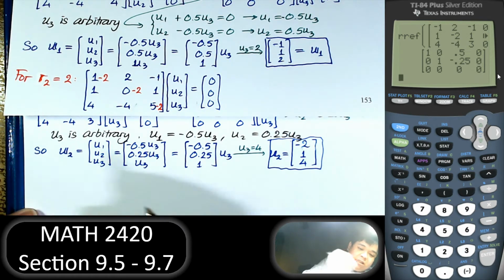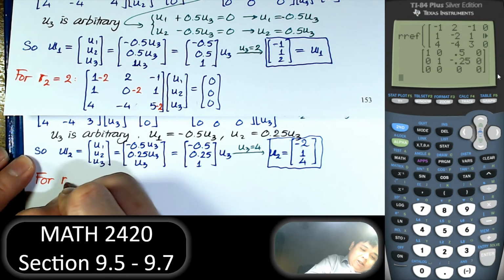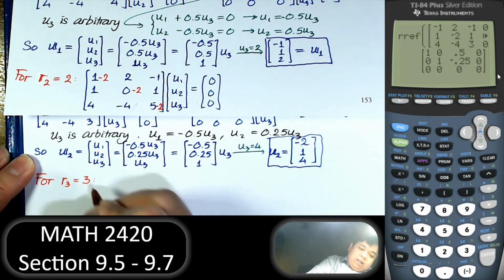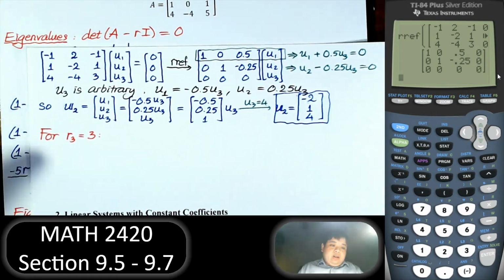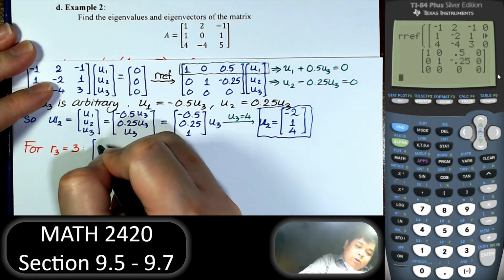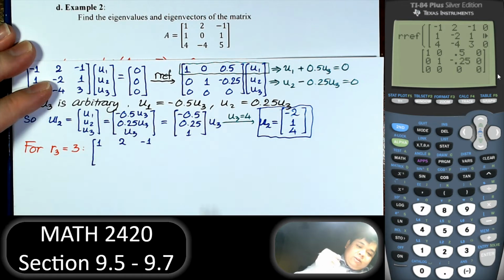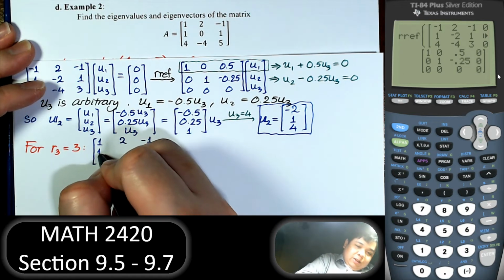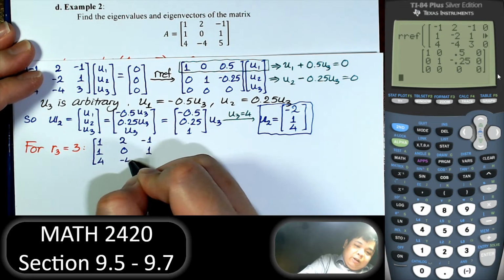Next, eigenvalue is 3. Once again, we have the matrix. Just subtract 3 at the diagonal. 1, 2, negative 1, 1, 0, 1, 4, negative 4, 5.